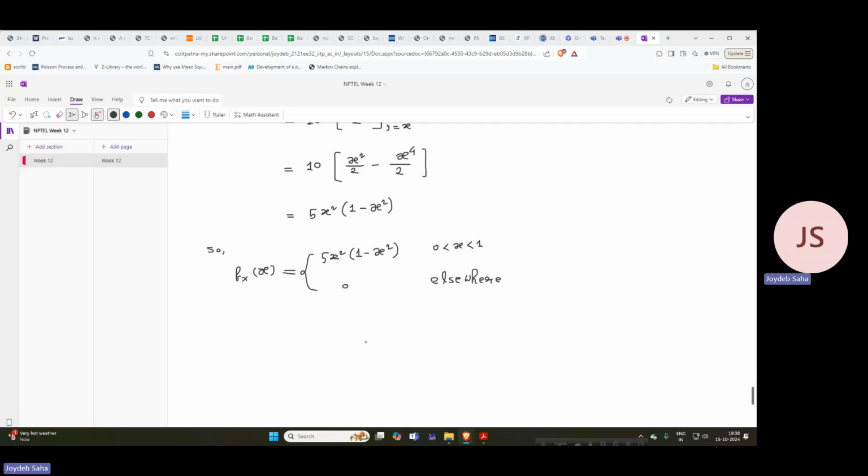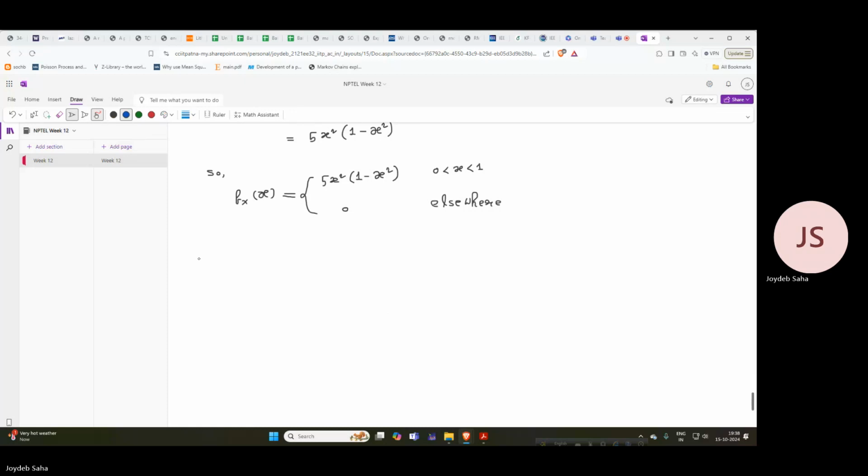Fine. Now come to part 3 of the question. It is very simple and similar to this part.